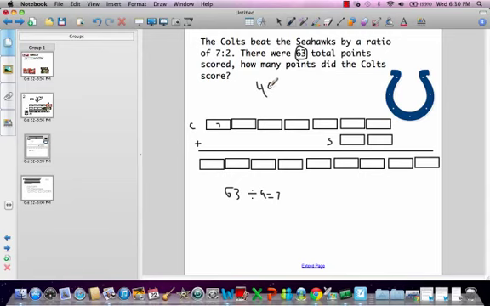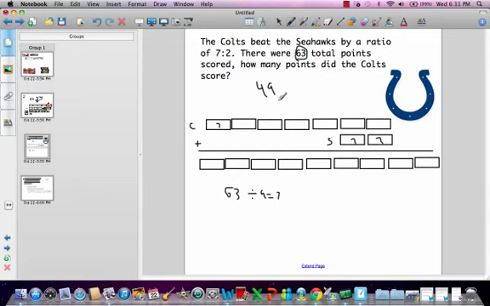And again, just to make sense of this problem, the Seahawks would have scored 14. And if you wanted to check this, see if you can pause it and check it on your own. But checking this, 49 plus 14 equals 63 total points. So that makes sense.